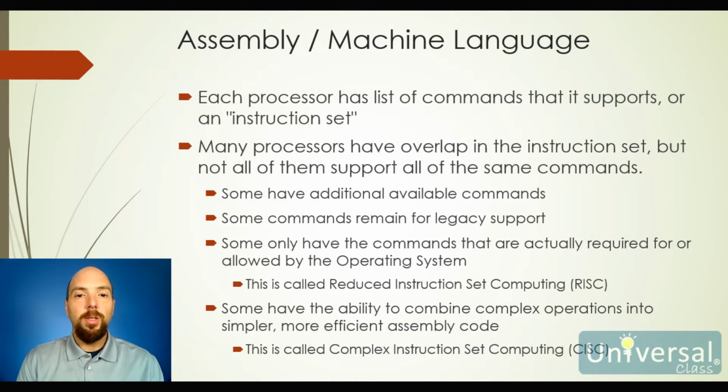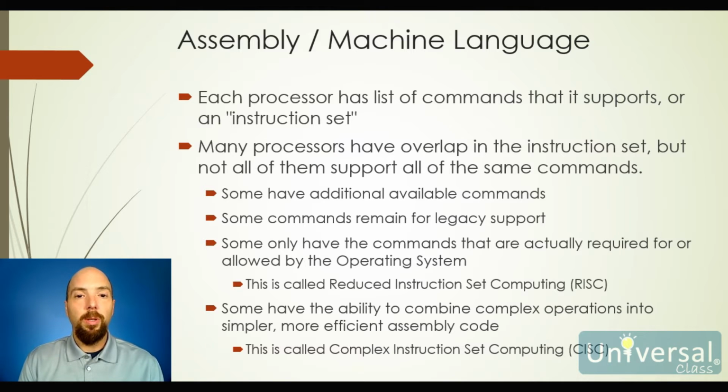There are some processors out there called RISC, or reduced instruction set processors, that only have the instructions that are actually required by the operating system. There are no additional, no legacy, no extra commands. Only the ones that are really actually going to be used by that operating system.